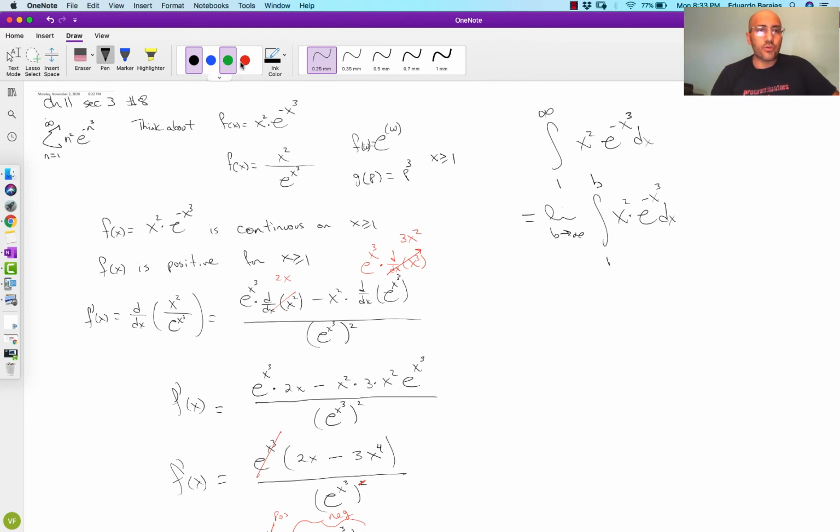And so to solve this one, let's do a little u substitution. Let u equal the negative x cubed. Therefore, du dx equals negative 3x squared, which means that du equals negative 3x squared dx.